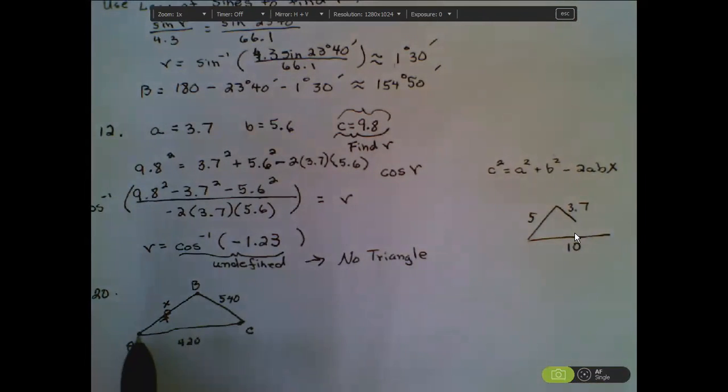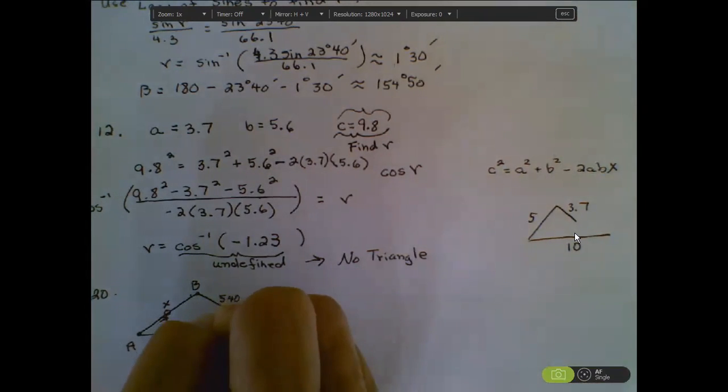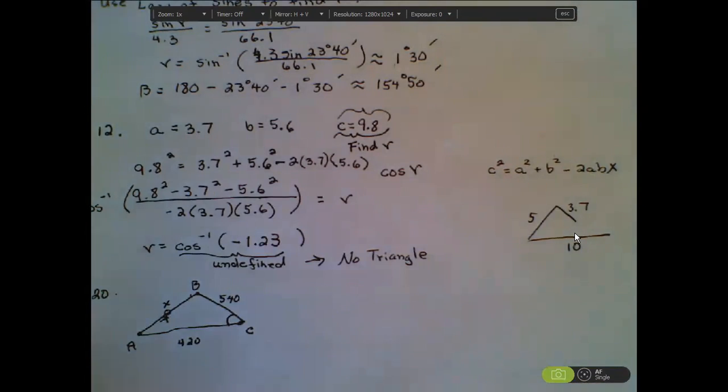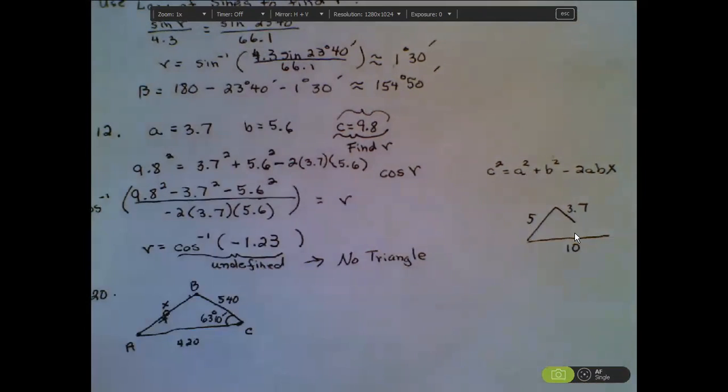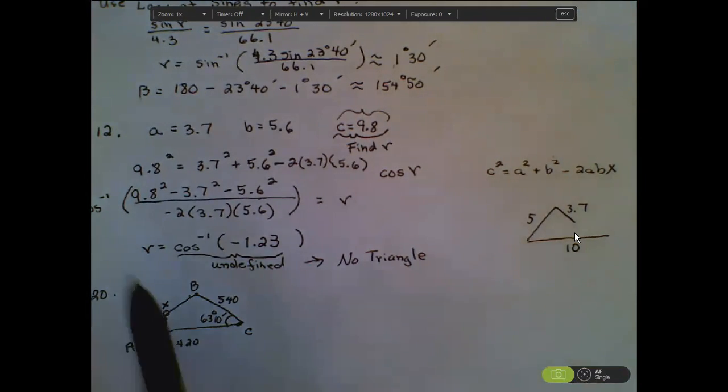The angle ACB is the angle at C, and that angle is known to be 63 degrees, 10 minutes. So actually, I think I may not finish this problem because it's not the other side example that I wanted to do. I just wanted you to be able to set up this one.